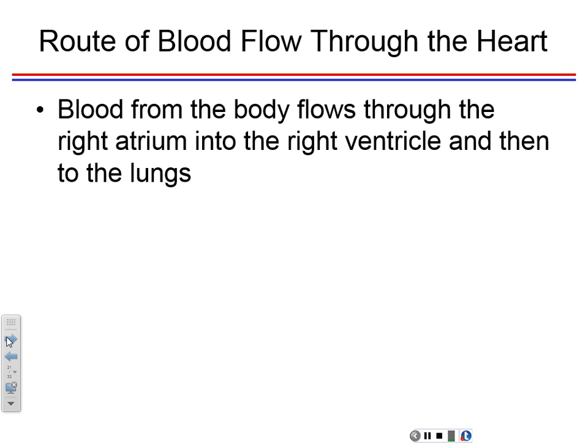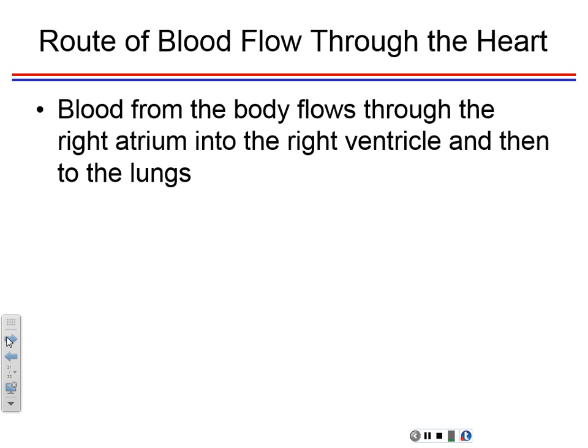It goes into the right atrium, passes through the tricuspid valve on the right side, enters the right ventricle, and then passes through the pulmonary semilunar valve, and then it enters the pulmonary trunk and goes to the lungs, through the left and right pulmonary arteries. It comes back through the 4 pulmonary veins to the left side, to the left atrium, then goes through the bicuspid or mitral valve.